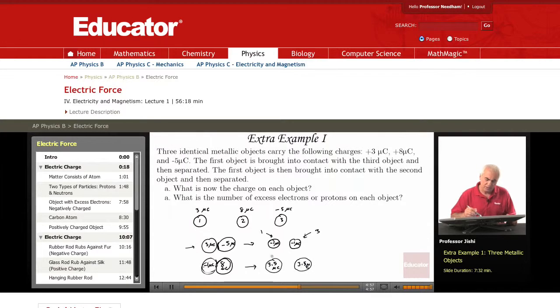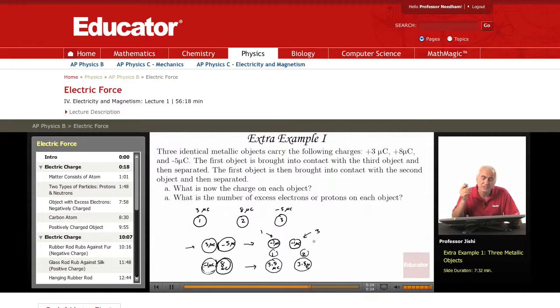So finally, this is number 1, number 2, number 3. Number 1 will have 3.5 microcoulombs, number 2 will have 3.5 microcoulombs, and number 3 will have -1 microcoulombs. So those are the final charges on each object.